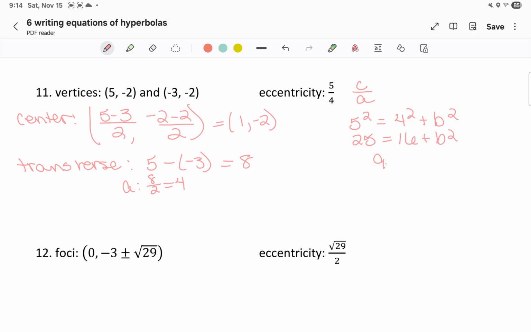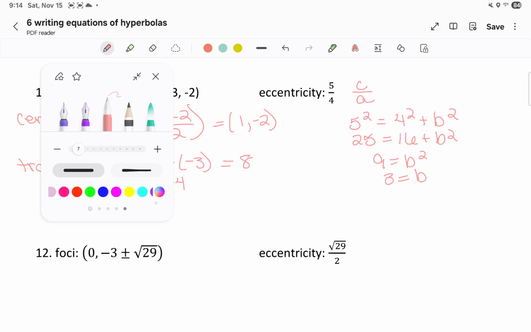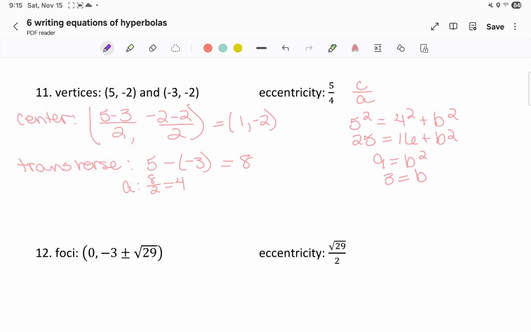And subtract the 16, that gives you 9 equals B squared, so 3 equals B. So that gives us, and we are horizontal. So that gives us x minus 1 squared over 16 minus y plus 2 squared over 9 equals 1.